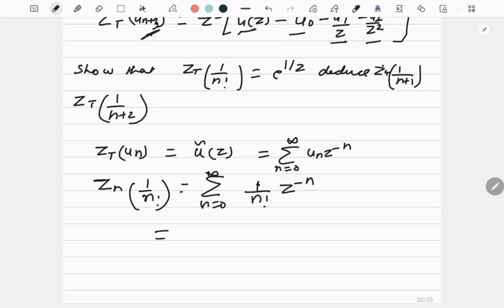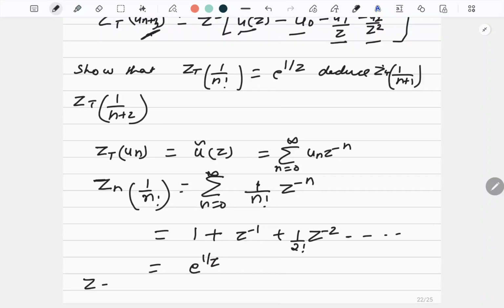Okay, so if I start putting the values, n equals 0 gives 1, plus 1 if I am putting z to the power minus 1, plus 1 upon 2 factorial z to the power minus 2, and so on. And this is a simple series of e to the power 1 by z. So the first part is proved.